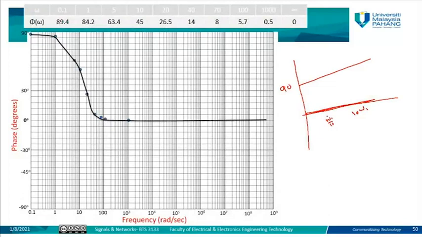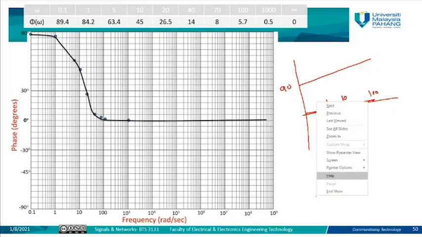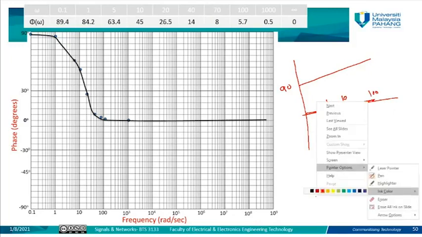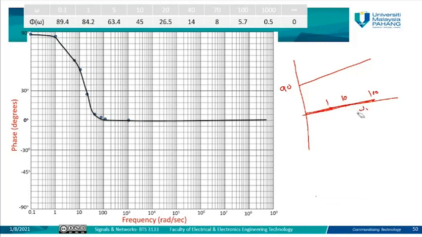Omega 1 over 10 here represents the point of 1. So this is 1. This one is 10. And this one is 100. Why does 1 represent omega 1 over 10?